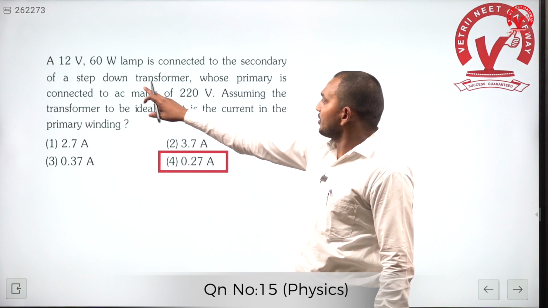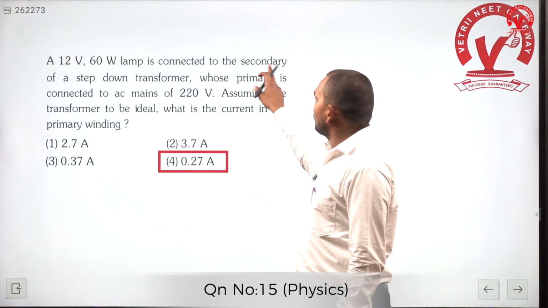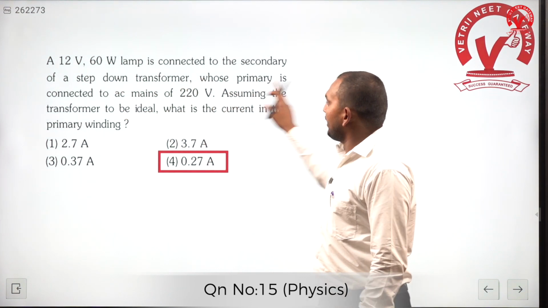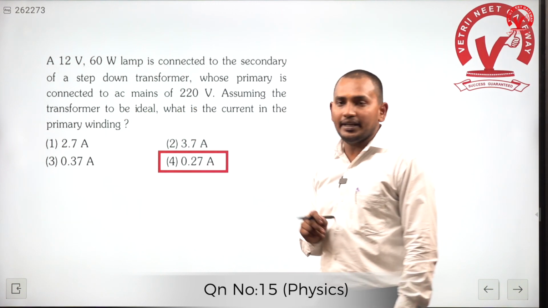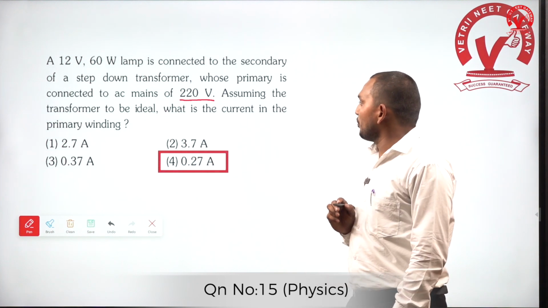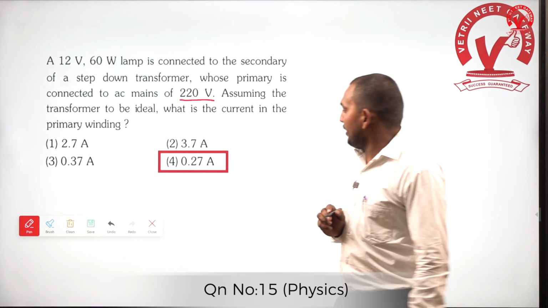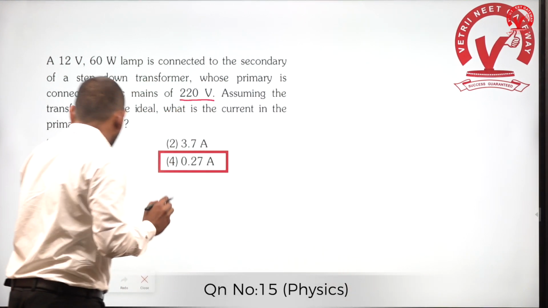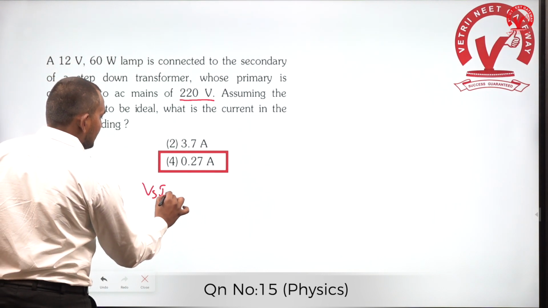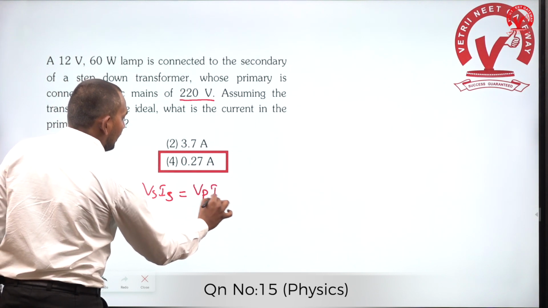See, the next one: a 12 volt 60 watt lamp is connected to the secondary of a step down transformer. Its primary is connected to an AC mains of 220 volt. Assuming that the transformer is ideal, what is the current in the primary? So we know for secondary Vs Is is equal to primary potential and current.